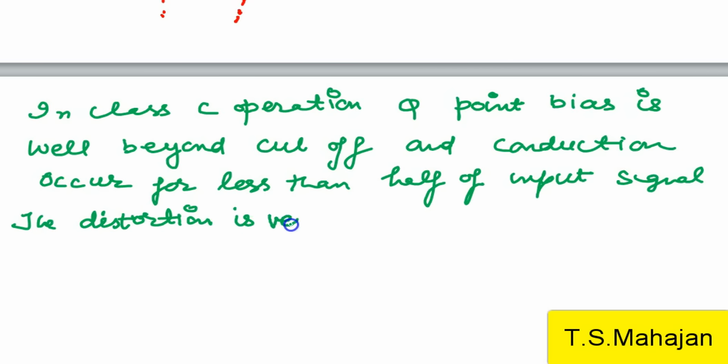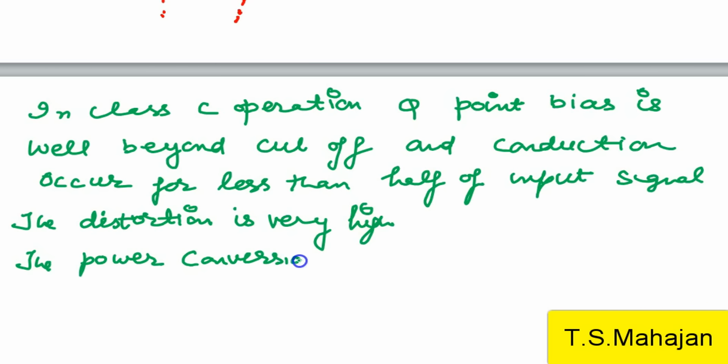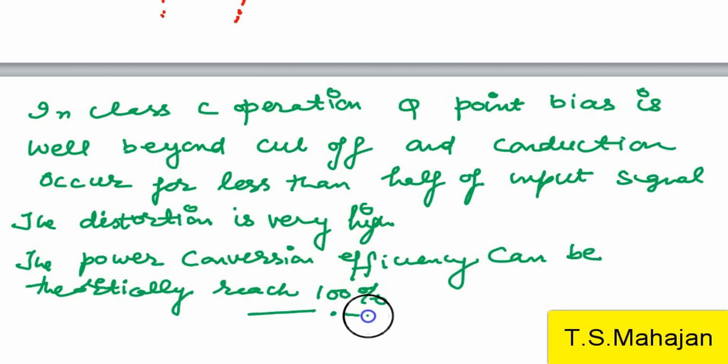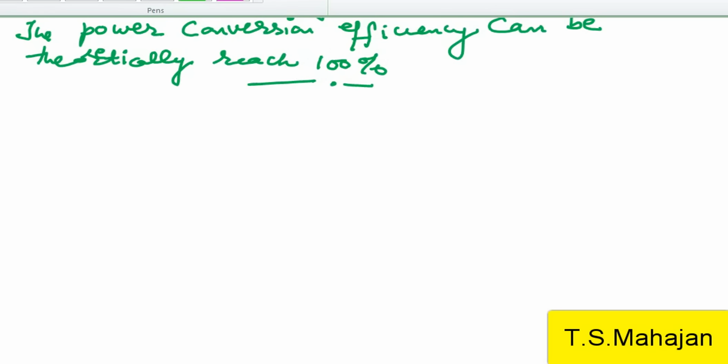The distortion is very high for class C operation because only part of the input signal is converted, but the power conversion efficiency can theoretically reach 100%, not practically. So this is class C operation.